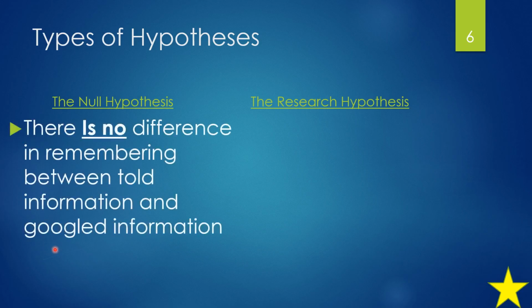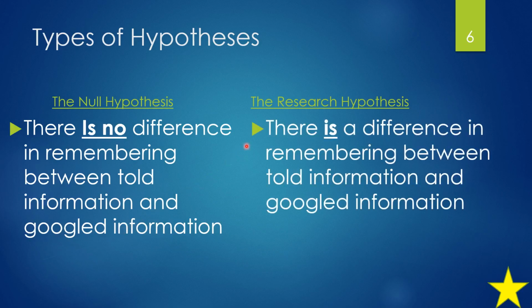The null hypothesis simply states that there will be no difference in remembering between information that people Googled and information that they were told. The research hypothesis is that there is a difference in remembering between information people were told and information that they Googled. The reason we have these 2 hypotheses is that it gives us very specific, clear results that we can find from our data.